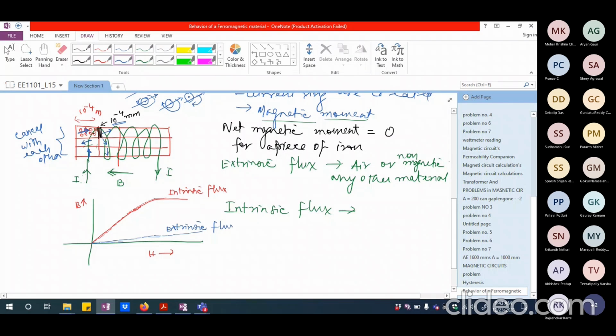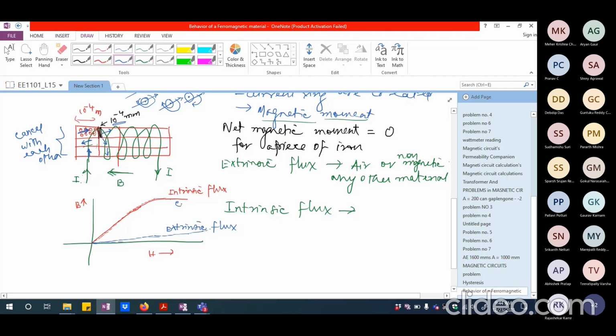Like what I told you, in many ferromagnetic materials the relative permeability is anywhere between 300 to about 4,000, or even 15,000 in some cases. So the extrinsic flux will be 1 by mu r times the intrinsic flux. We have a very, very small amount of extrinsic flux, although it does increase with the current. That increase is very meager, which is why you see hardly any increase.